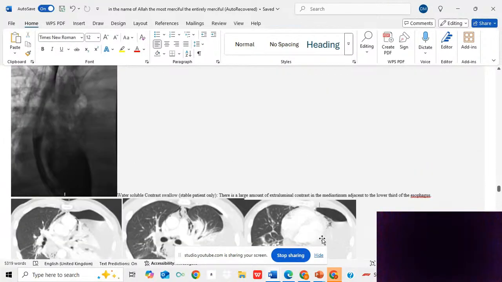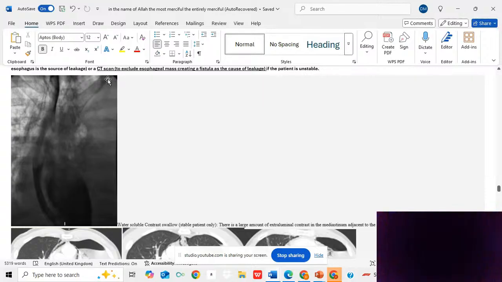So, you recommended a water-soluble contrast swallow, and the patient is stable, so it is done. As you know, water-soluble contrast swallow is performed only for stable patients.